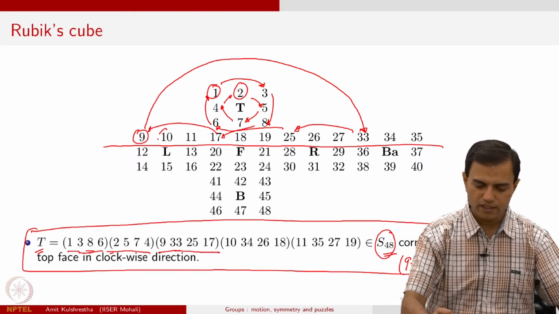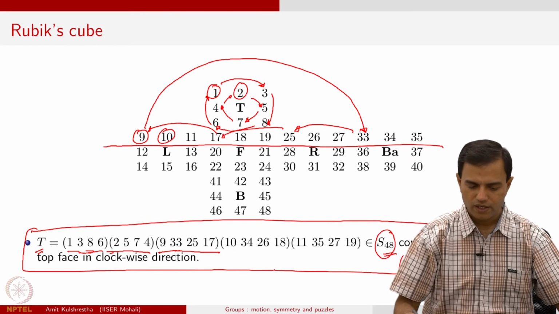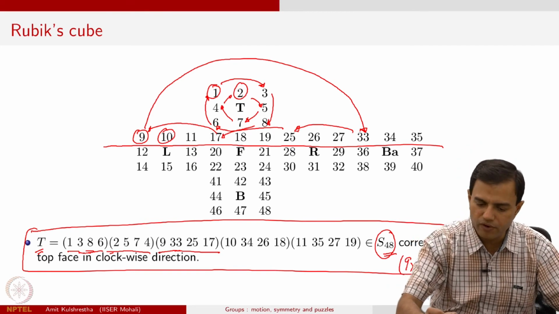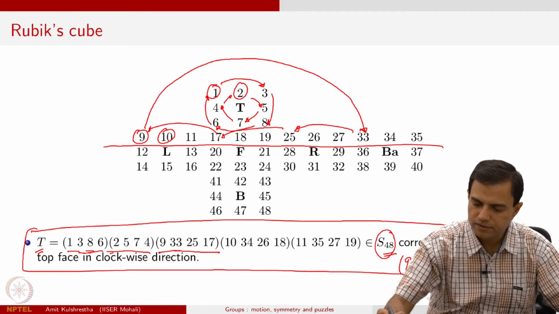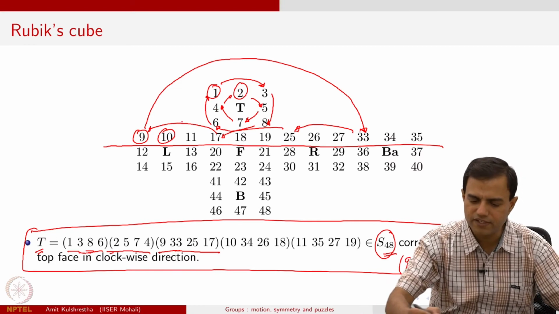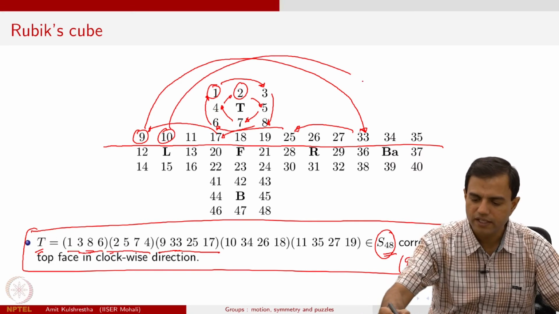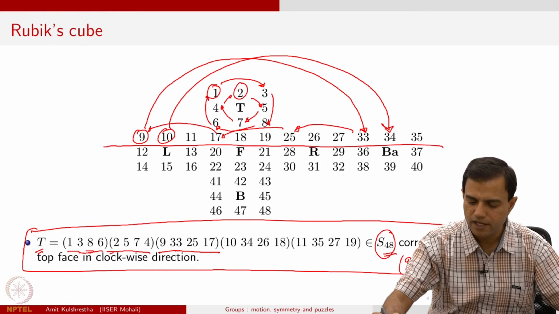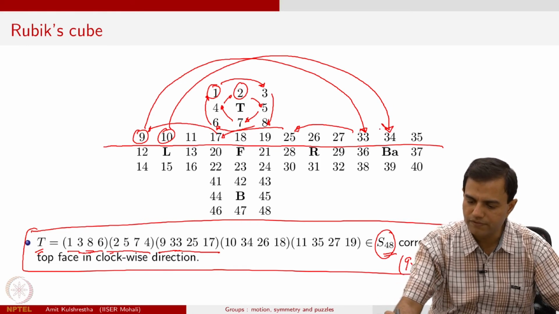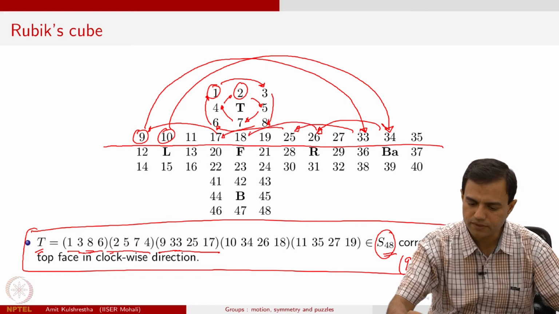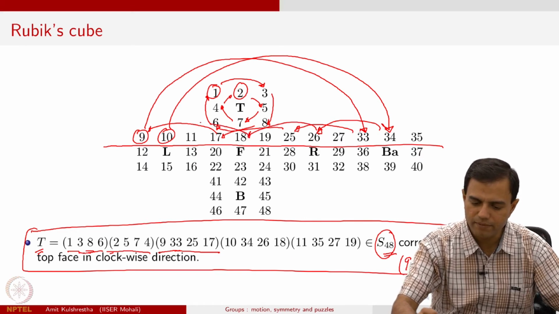What happens to 10? A similar thing happens. 10 goes to 34, in exactly the same translating fashion, then 34 goes to 26, then 18, and 18 is again back to 10.